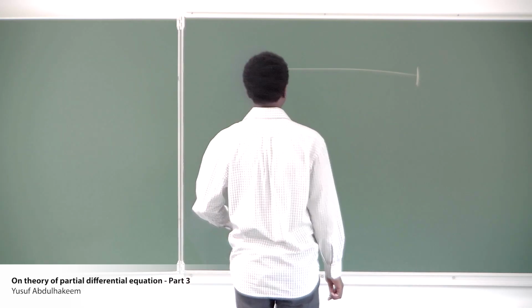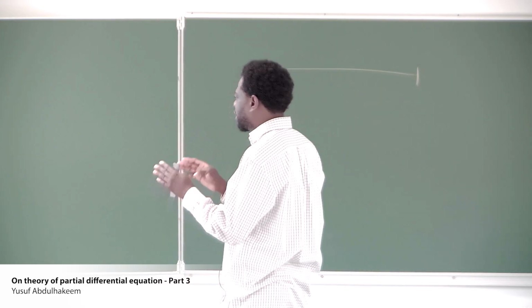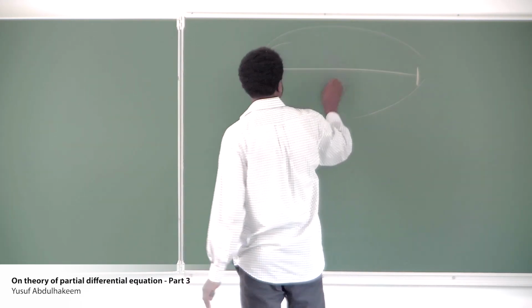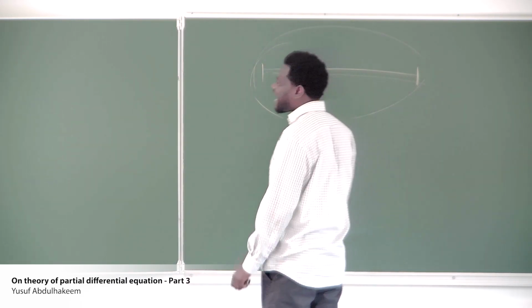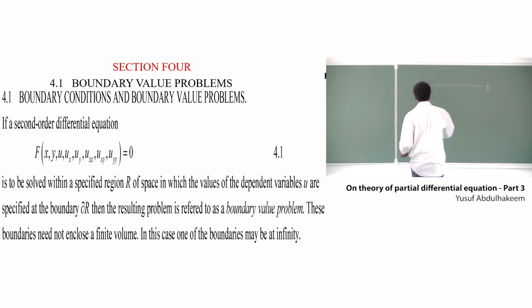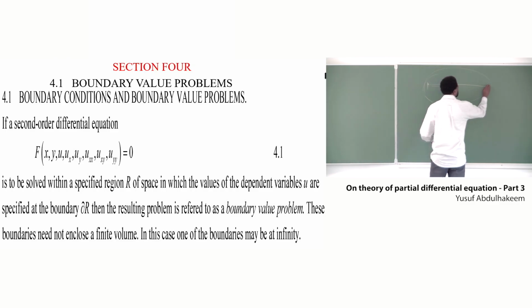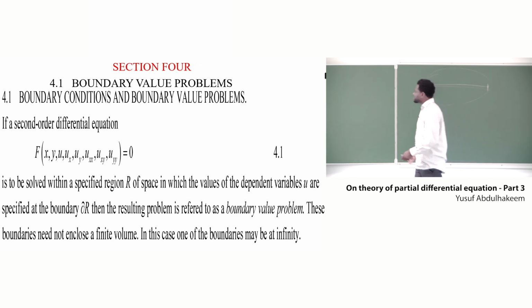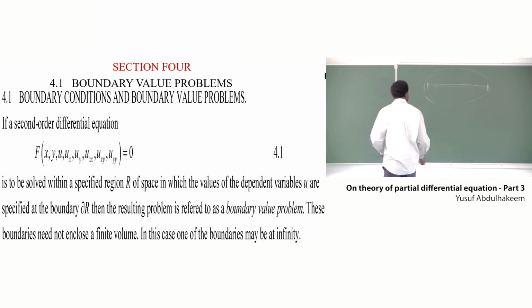The solution we are seeking is between this space, and the value of the unknown function u will be given at this point and also at this point. Once we have these values, this will help us determine the solution within this boundary.